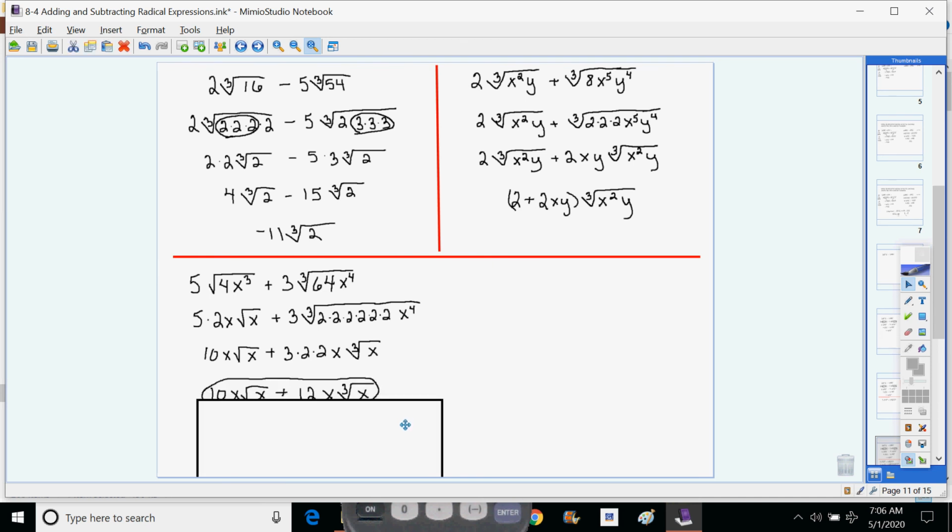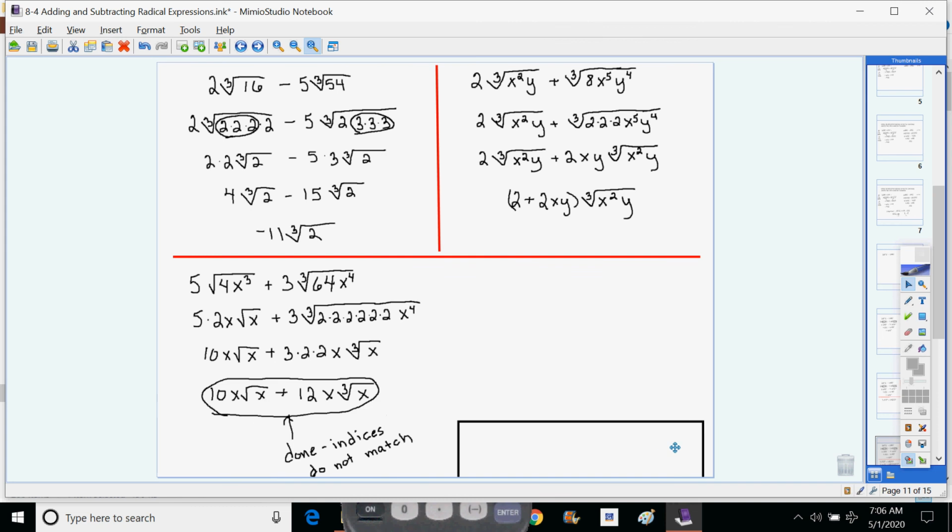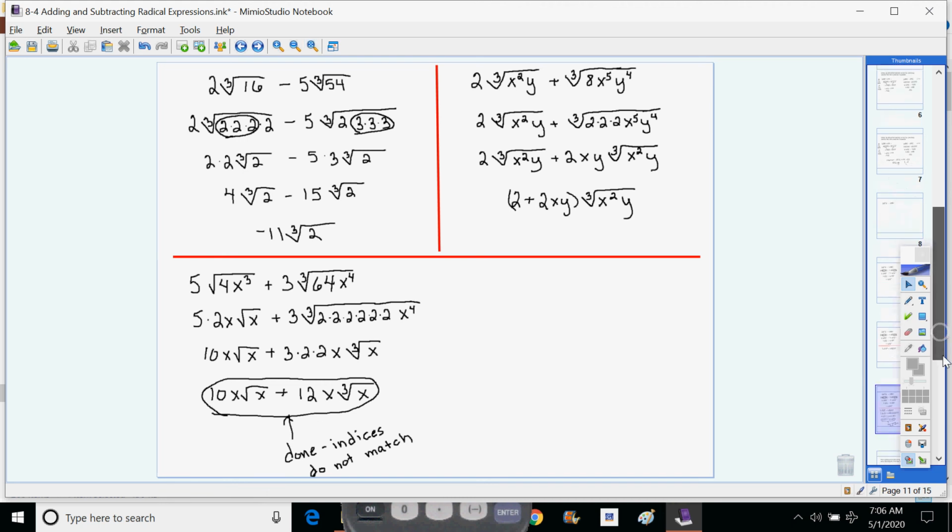Once we've simplified all that, it can't go together because the index and even though the radicands match, and even though it seems to have a lot in common, we're just going to leave that alone because the indices don't match. Everything has to match.